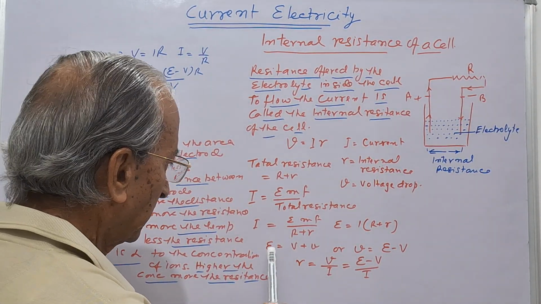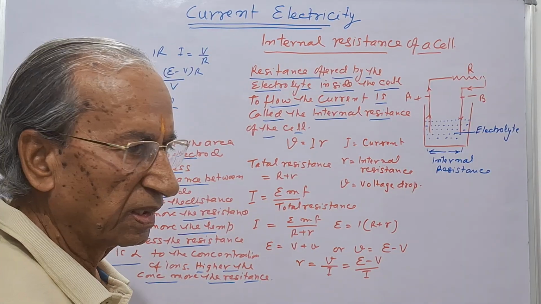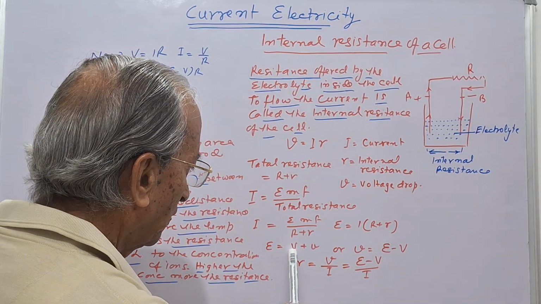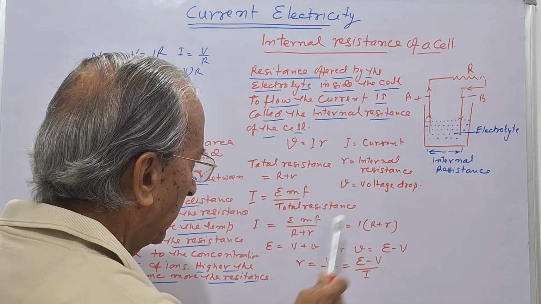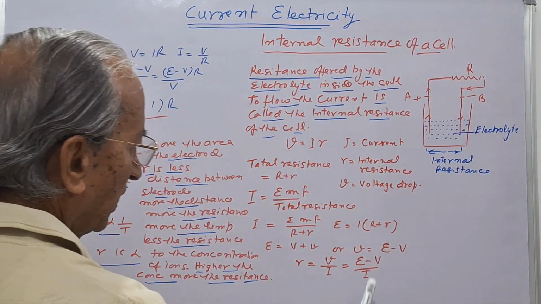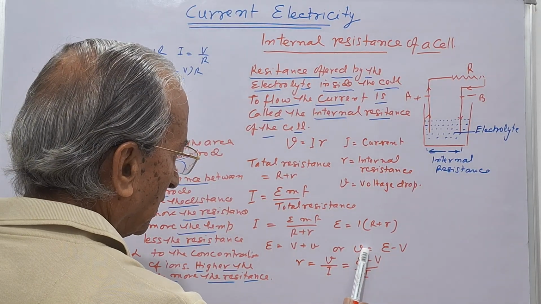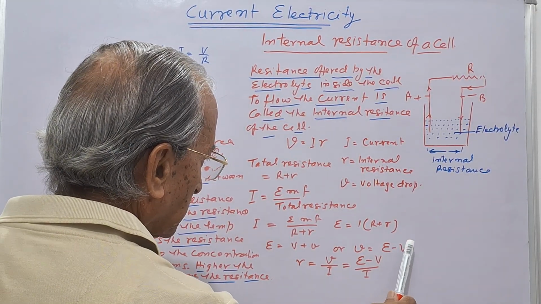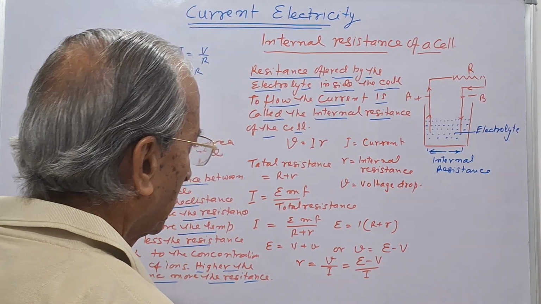Now we know that the EMF, the electromotive force, is equal to the terminal voltage capital V plus the voltage drop small v. So the voltage drop small v is equal to EMF minus terminal voltage.